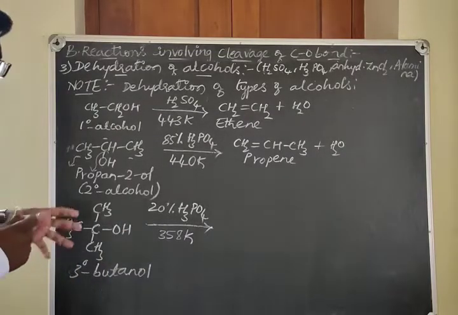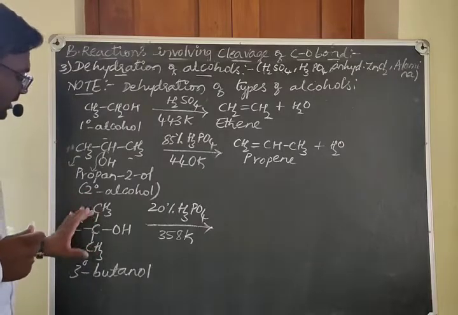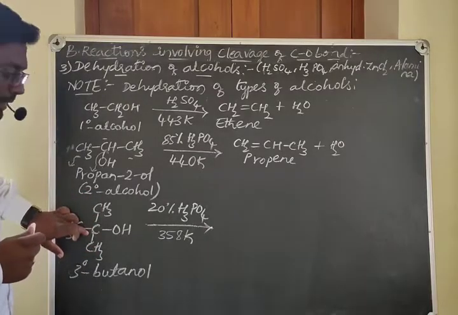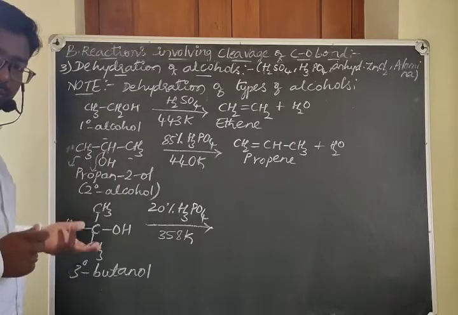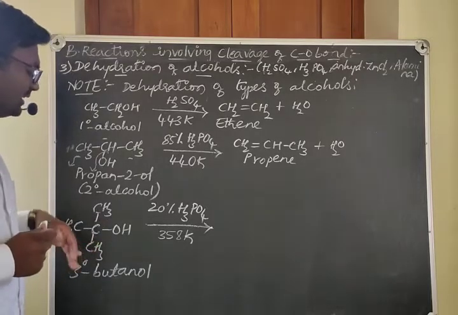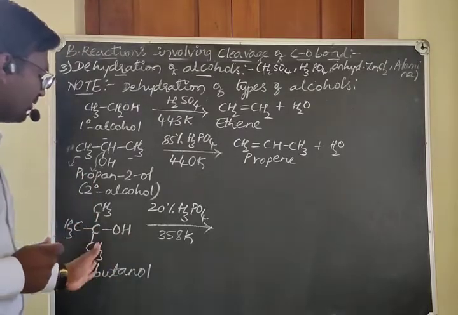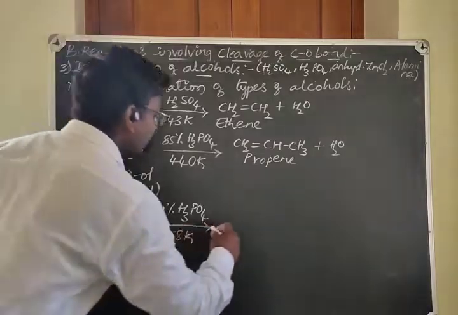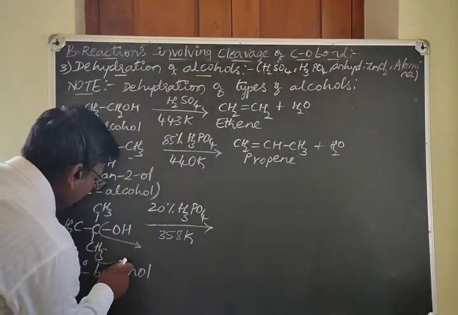Okay. Why is it happening like this? Because of steric hindrance present on this carbon. There are three bulky groups, no? Steric repulsions are more. That is why it tries to remove H2O from this molecule like this. OH minus ion comes from this, H plus ion comes from this.